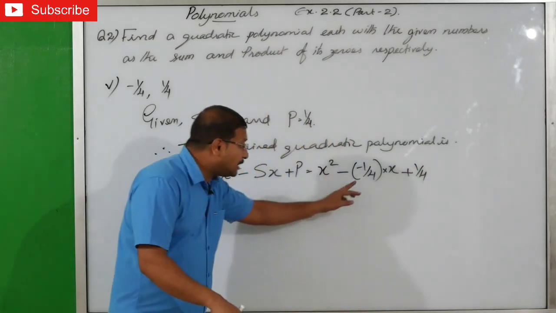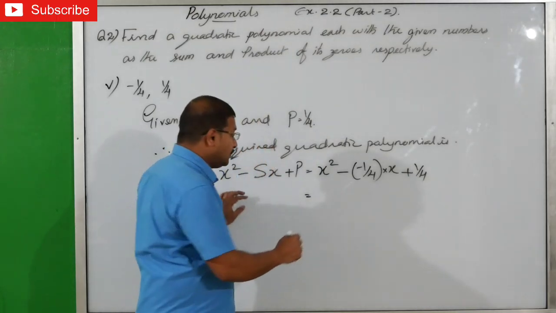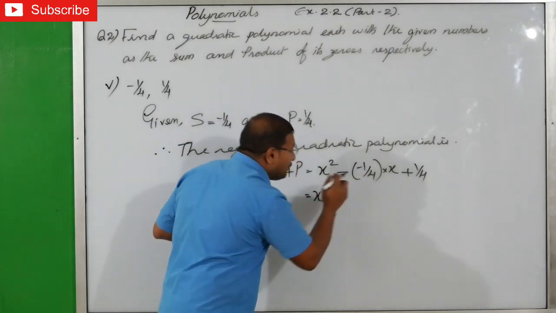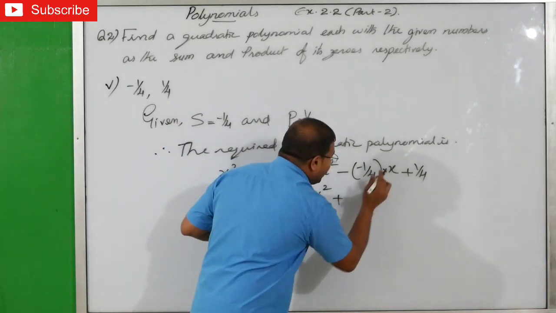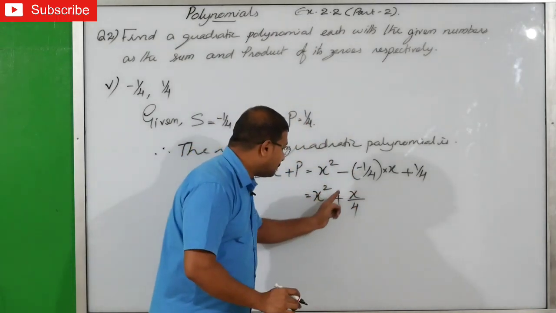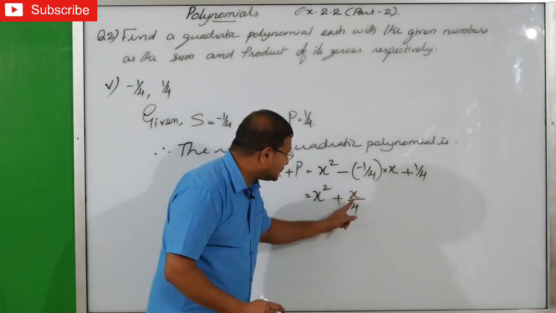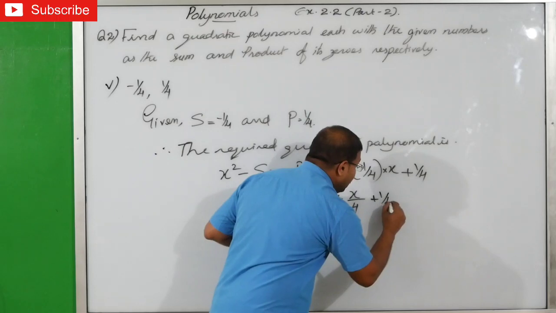Because of minus, I put inside the bracket. Ready? This equals x square minus into minus plus 1 into x by 4. See, minus into minus plus 1 into x is x divided by 4 plus 1 by 4.